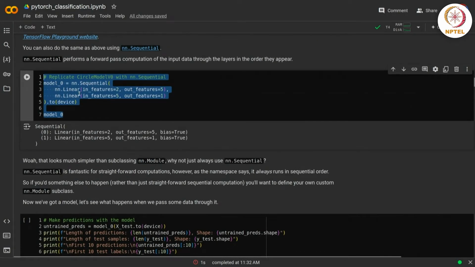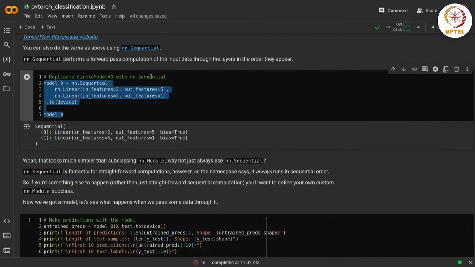But one assumption that this syntax makes is that all the propagation of inputs through the neural network is sequential. By sequential we mean that once we have X input features, they pass through each of those layers of the neural network sequentially, one after another, right? This is a good assumption to make when the networks are simple.